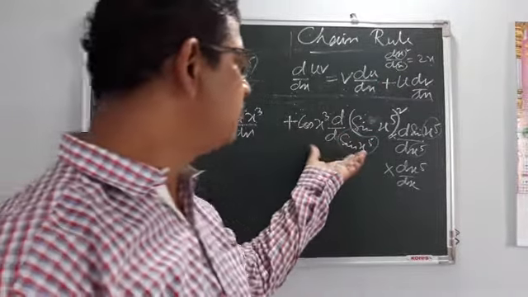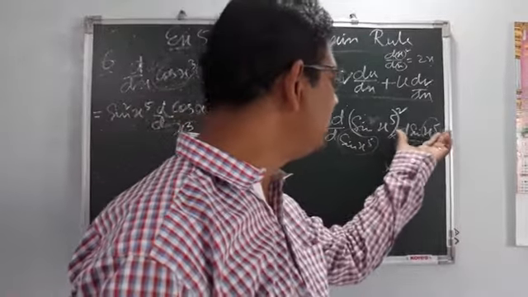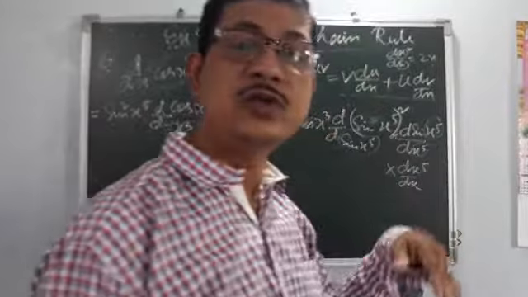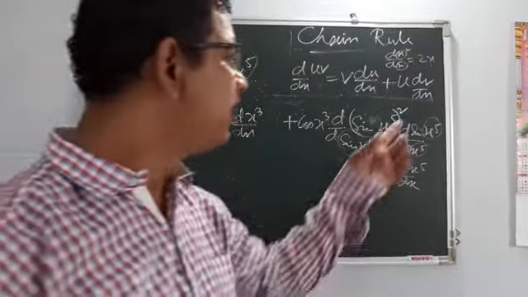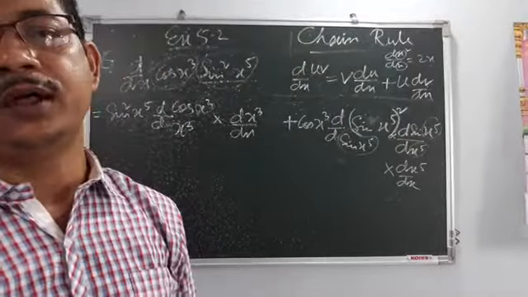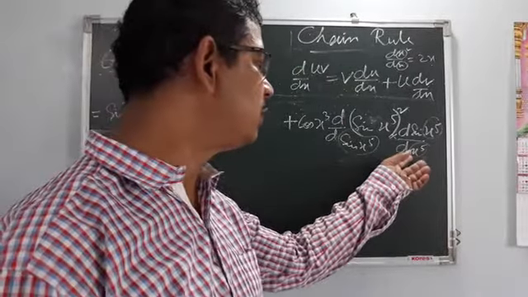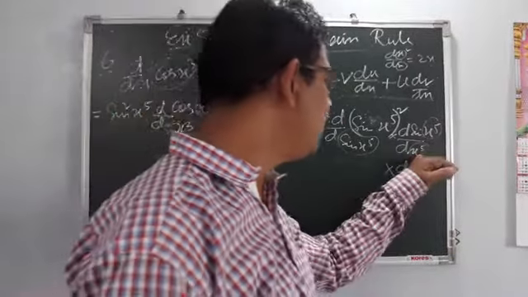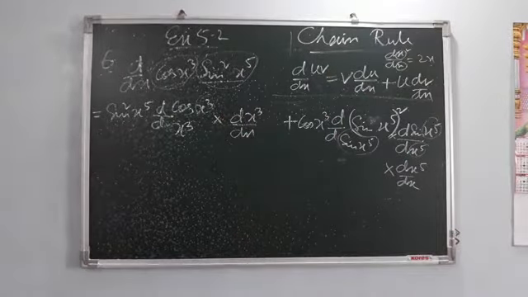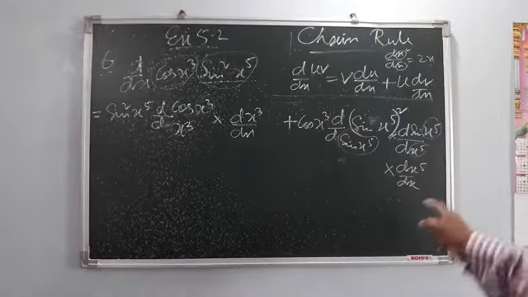To make it equal, I have written this thing in the numerator again. But we know differentiation of sine x with respect to x has a formula. But for sine x to the power 5, of course we need x to the power 5 here. I have written x to the power 5. Again to equalize this x to the power 5, I have again written d(x to the power 5) with respect to x.